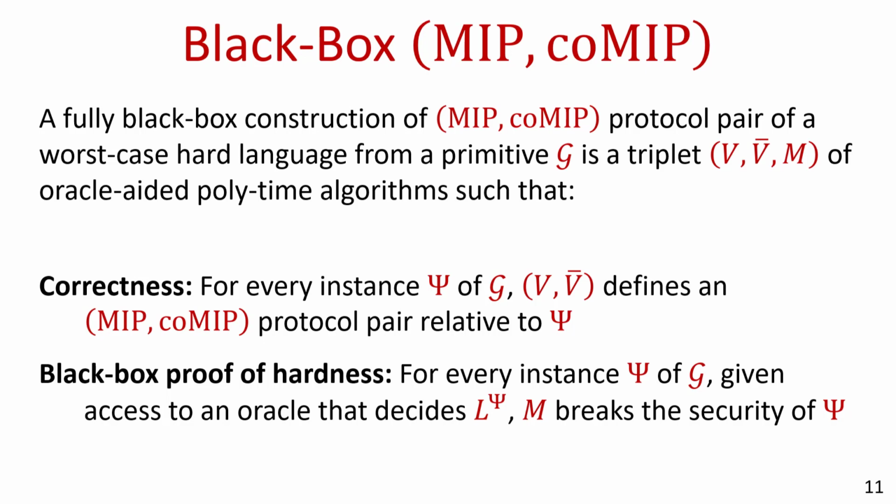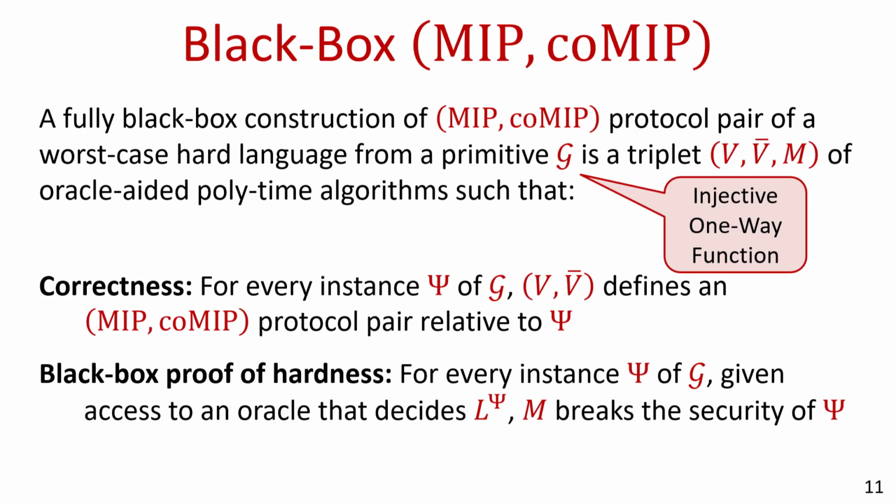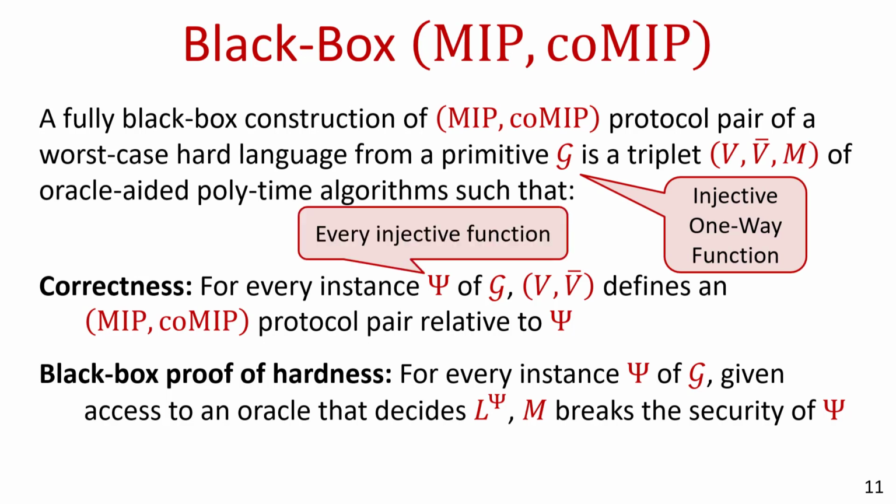For example, if we consider G to be an injective one-way function, then the correctness should apply to all injective functions, and by breaking the security we mean inverting the function on a uniformly random input with a noticeable probability. Now we can state our result more formally.